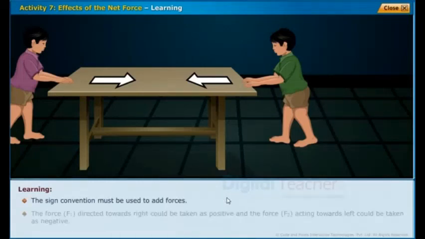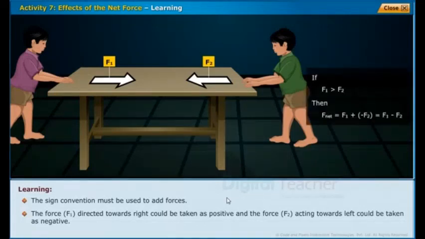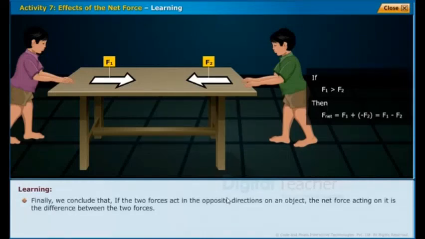The force F1 directed towards the right could be taken as positive and the force F2 acting towards the left could be taken as negative. If F1 is greater than F2, F net will be equal to F1 minus F2. Finally, we conclude that if the two forces act in opposite directions on an object, the net force acting on it is the difference between the two forces. The object at rest moves in the direction of the net force acting on it.